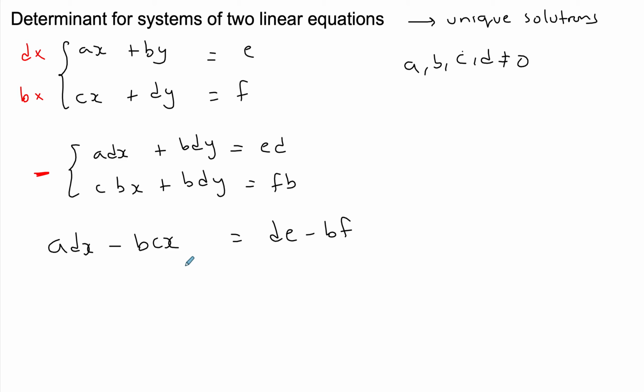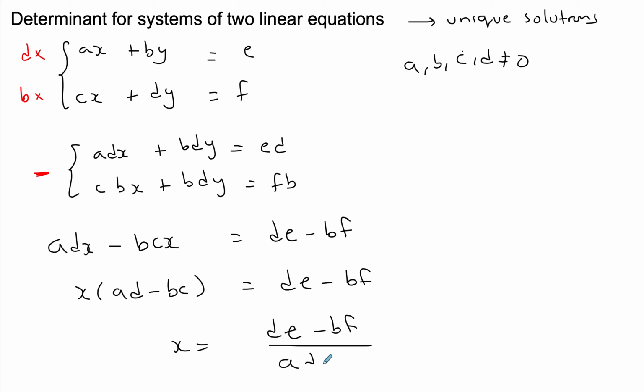So now I have my letters in here. Usually when you get to this step, what you want to do is solve for x. Remember that all of the other letters are numbers we know. So in order to solve for x, I'm going to take x out as a factor. And then in order to solve it, I'm going to divide by this value on both sides. So I'm going to end up with this.